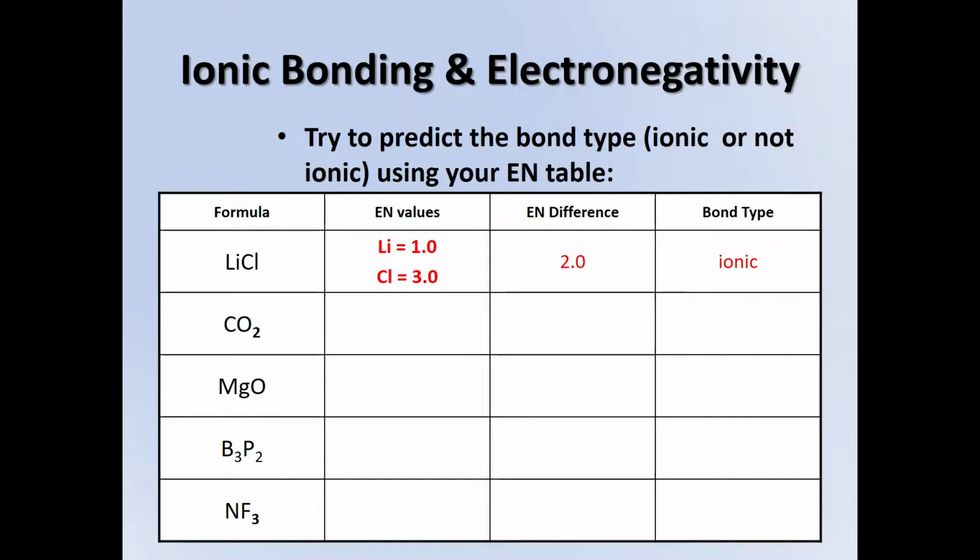Lithium has 1. Chlorine has 3. The difference is 2. This is ionic. What about CO2? Carbon has 2.5. Oxygen has 3.5. The difference is 1. This is not ionic. That is a covalent bond, to be specific. Magnesium oxide.